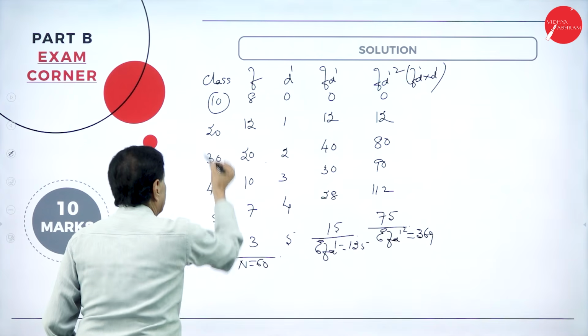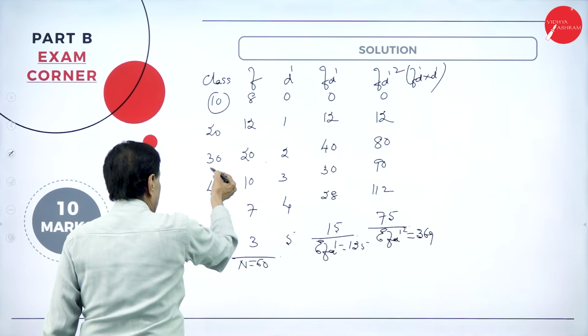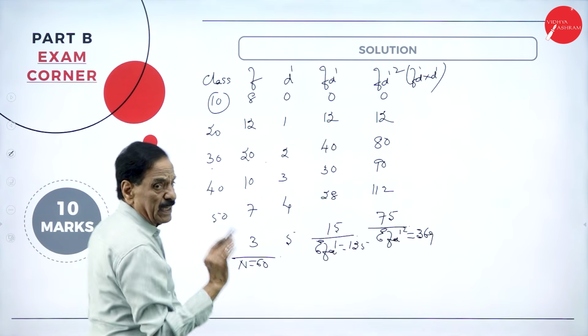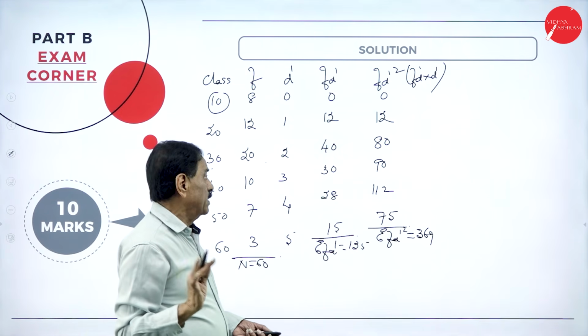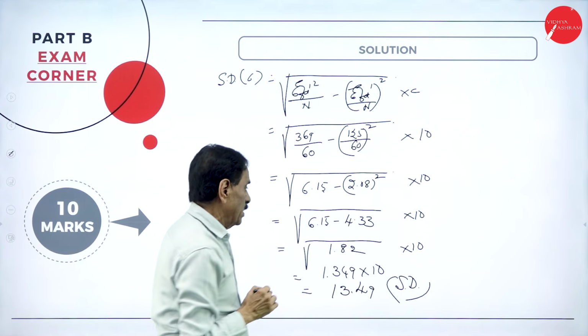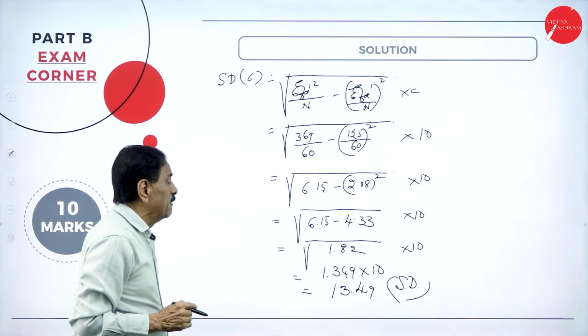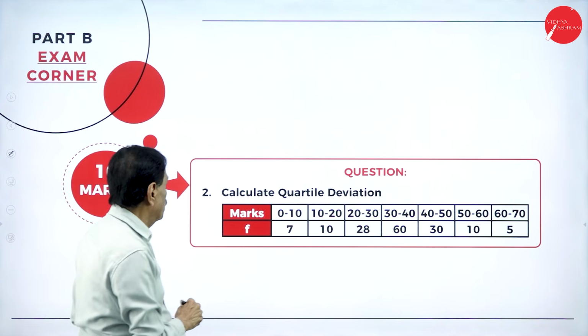Class intervals should be equally distributed: 10, 20. By chance, in the exam if it is 10, 20, 25, 30, 45, then there is no c at all, no class interval. The class interval comes outside the root. Lastly, you have to multiply. The answer is 13.49. We'll move on to the next problem.